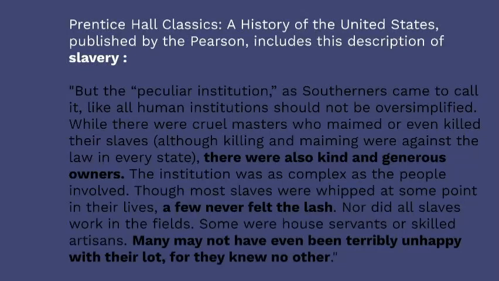While there are cruel masters who maimed or even killed their slaves, although killing and maiming were against the law in every state, there were also kind and generous owners. The institution was as complex as the people involved. Though most slaves were whipped at some point in their lives, a few never felt the lash. Nor did all slaves work in the fields. Some were house servants or skilled artisans. Many may not have even been terribly unhappy with their lot, for they knew no other."